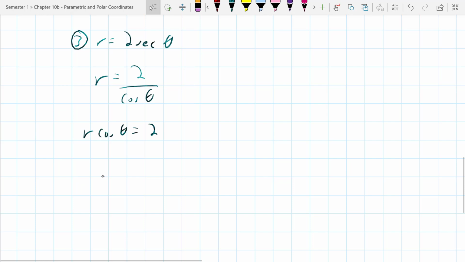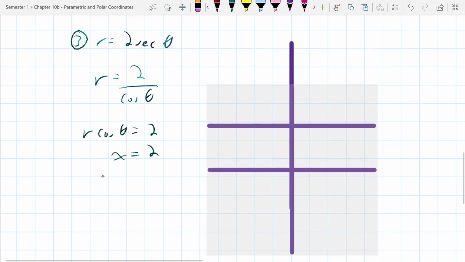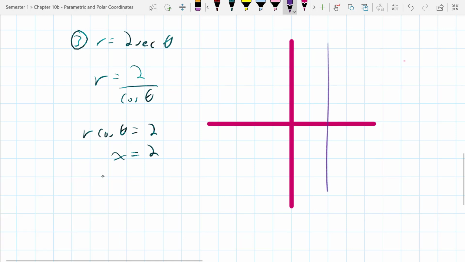We know that r cosine theta is just x, so that's just x equals 2. And again, if you graph that as x equals 2, what you should see is just a vertical line sitting at x equals 2.